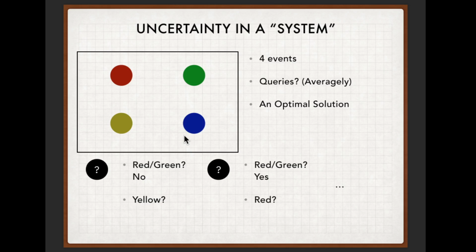We can combine the outcomes to form new types of events, such as: is the taken-out marble color red or green? If the answer is no, you can ask, is it yellow? If the answer is yes, you can ask, is that red? So I think you get the point.